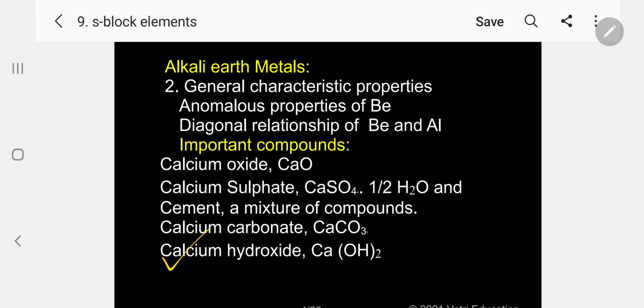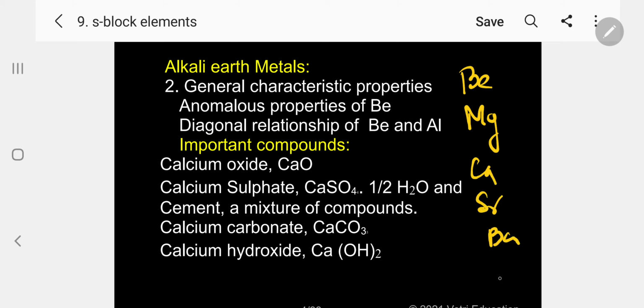Please follow here. What are the elements present there? Beryllium, magnesium, calcium, strontium, barium and radium. So this is starting from second, third, fourth, fifth, sixth, seventh period, because in the first period there are only hydrogen and helium, first group and 18th group helium.